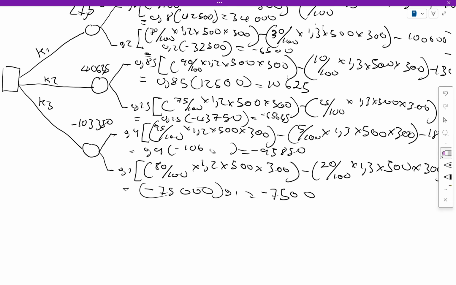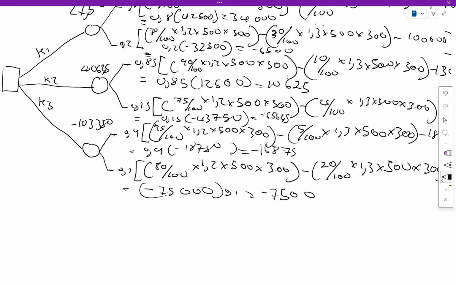So this is 4. So it's 18,750 multiplied by 0.9, which becomes around about 16,875.